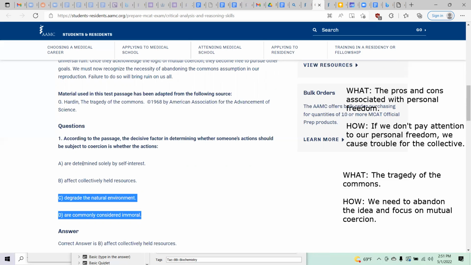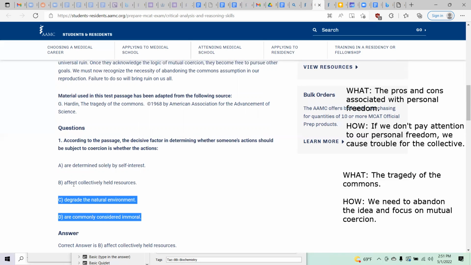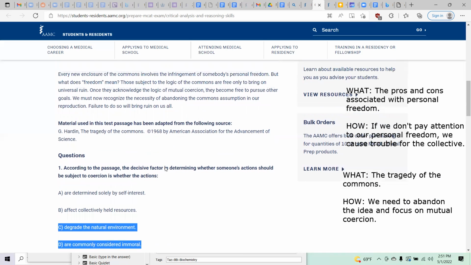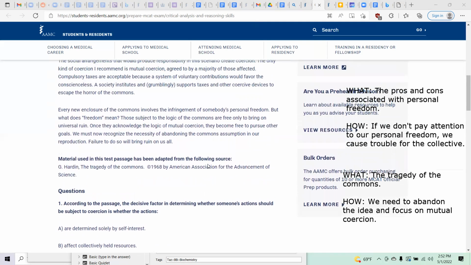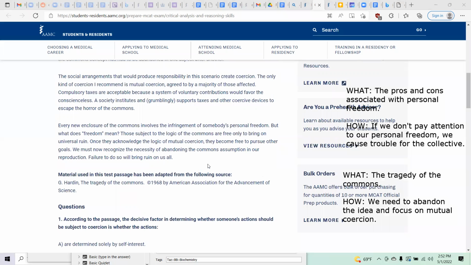Good. What could you say is against answer choice A? This is also very helpful. Getting the right choice is good. Why is the wrong choice wrong? So the question says decisive factor in determining whether someone's action should be subjected to coercion. Well, it's in the passage.